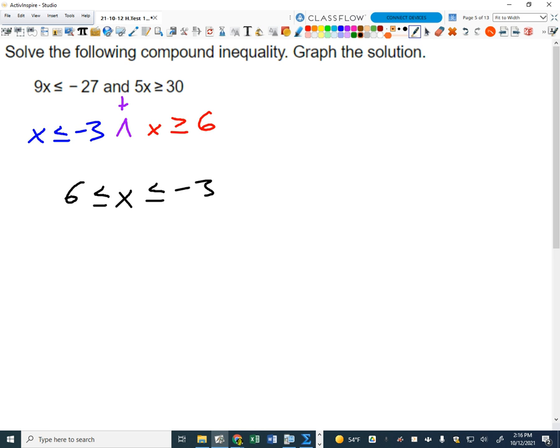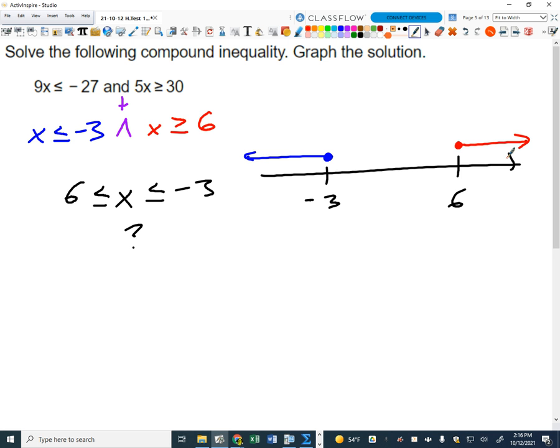Yeah, I don't have a lower limit here and an upper limit there, right? So right away, we know there's something weird about this. So if I graph these two, the graph of the blue part of the inequality looks like that. The graph of the red part looks like that.